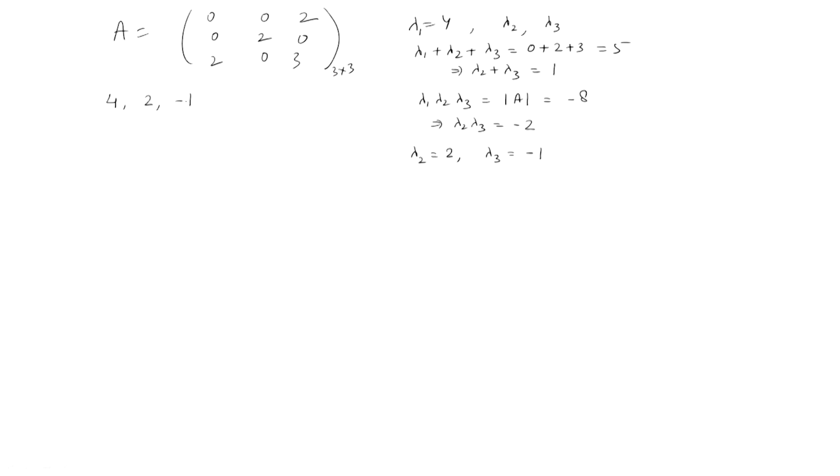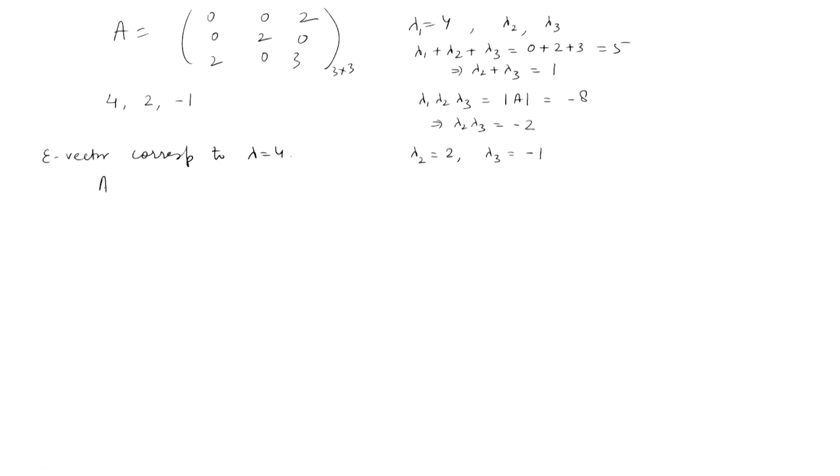Now, we have to find the corresponding eigenvectors. Let us suppose we first find the eigenvector corresponding to lambda equal to 4. Similarly, we can find eigenvectors corresponding to lambda equal to 2 and lambda equal to minus 1. So, let us find the eigenvector corresponding to lambda equal to 4.